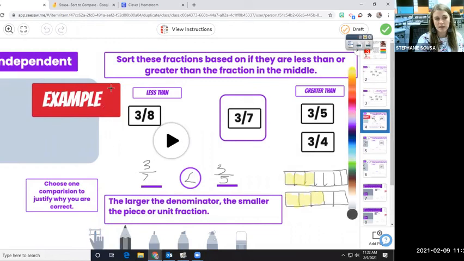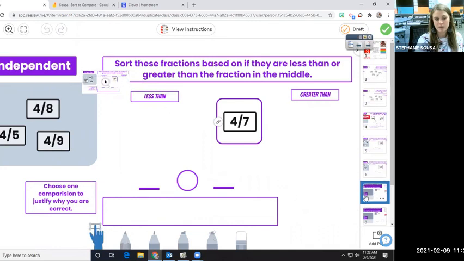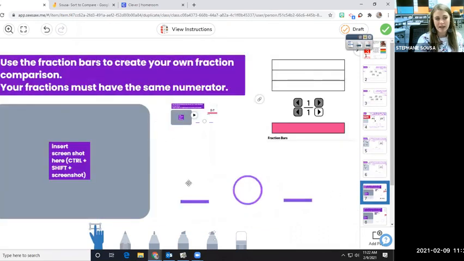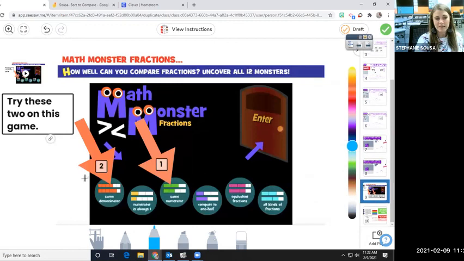It is an example of what to do on slides 5 and 6. And again, directions. You don't understand, video. Slides 7 and 8, same thing. Directions. You don't understand, video. Slide 9 is a game.